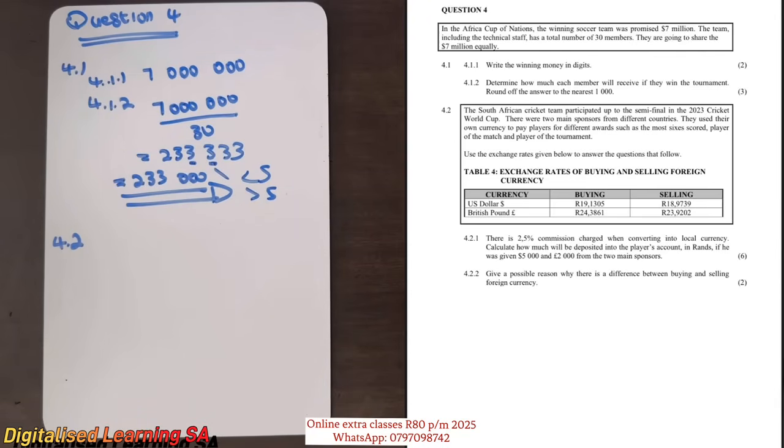They used their own currency to pay players for different awards, such as the most sixes scored, player of the match, and player of the tournament. Use the exchange rates given below to answer the questions that follow. So we are given the exchange rate table, which is table 4. Now let's go ahead and answer the questions that follow.